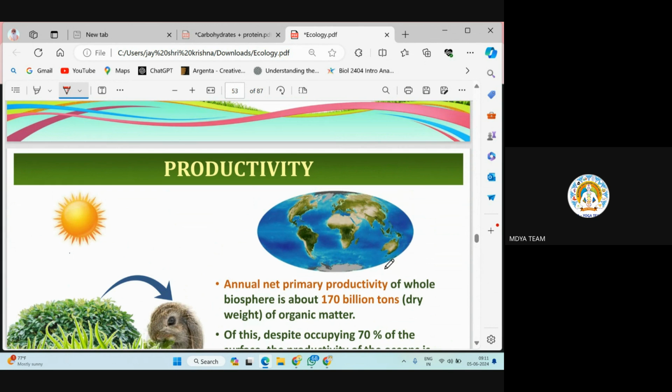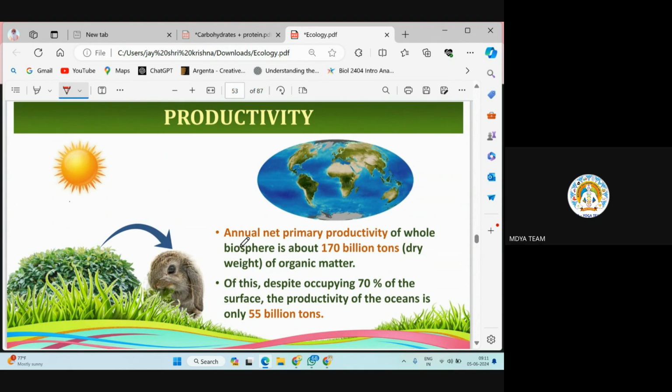Now primary production plus secondary production is known as annual net primary production. The whole biosphere, the whole earth, plant plus animal, is producing almost 170 billion tons of organic matter. So this is annual net primary productivity.